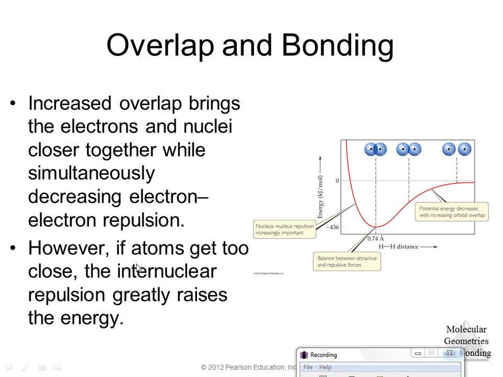Again, if they get too close, there is more repulsion from the nuclei. And if they're too far apart, there's not enough mixing between the two. So we have to decrease electron repulsion, and we've got to minimize the nuclei repulsion as well.